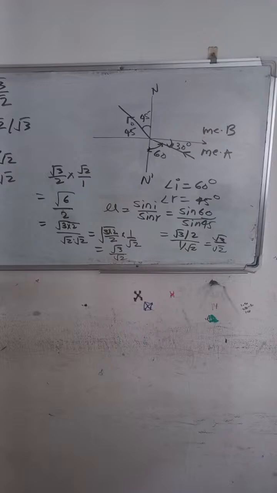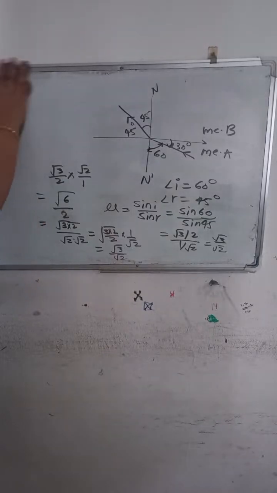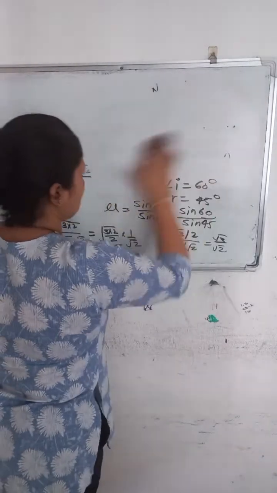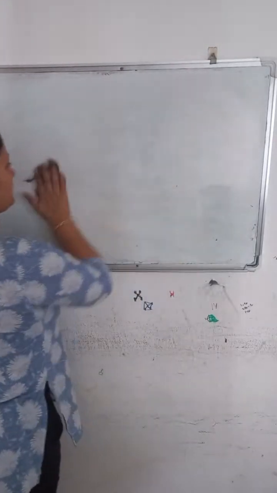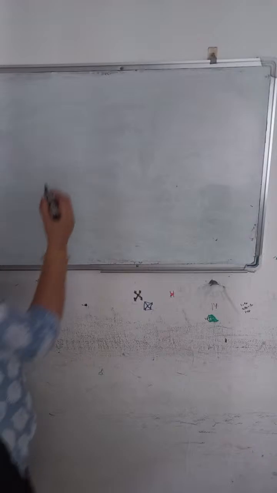Third, list three characteristics of the image formed if this lens is replaced by a concave mirror of focal length f and the object is placed at a distance of f by 2 in front of the mirror. Actually the diagram is given, but that is for reference, and we don't have to draw any ray diagram. We have to guess and write the answers. This kind of question can also come for 3 marks.